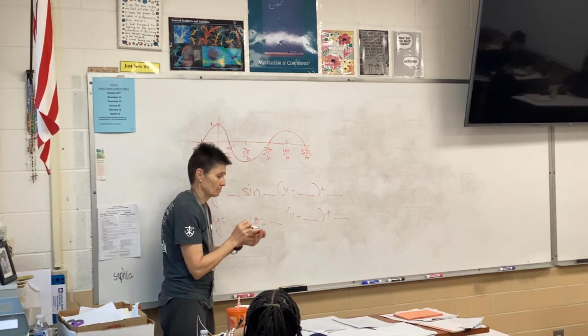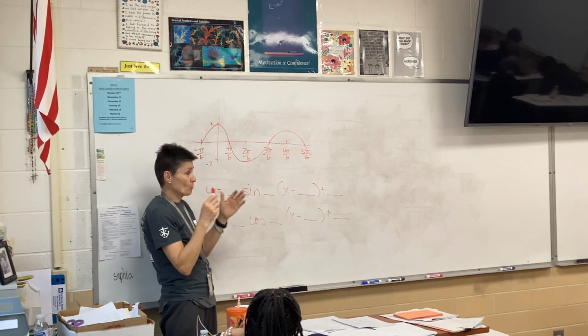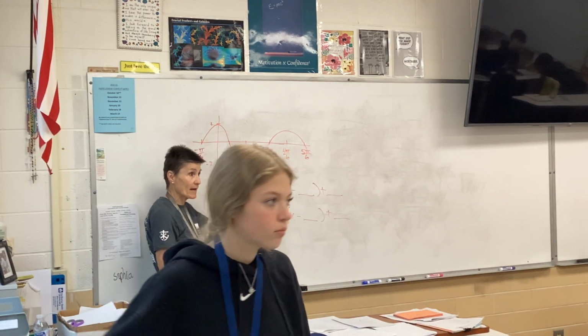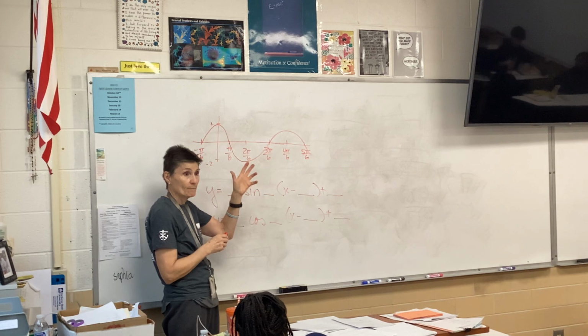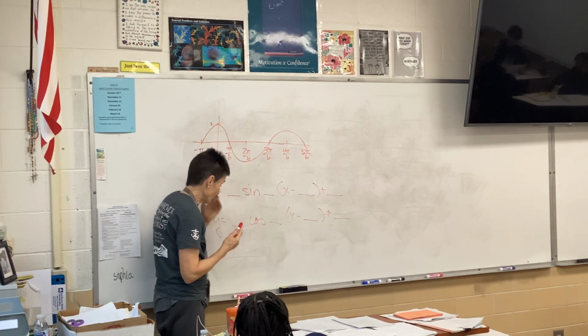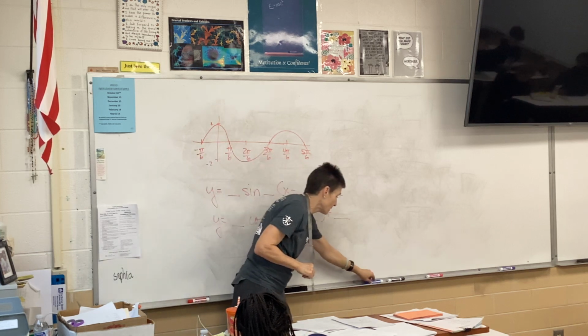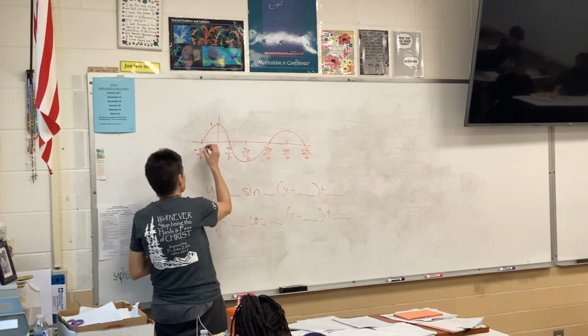Okay? Now, first of all, does everybody see potentially a sine curve and a cosine curve in this picture? Yep. Now, what do you see when you just kind of look at it? What do you want to start with? Sine? I kind of think that too.